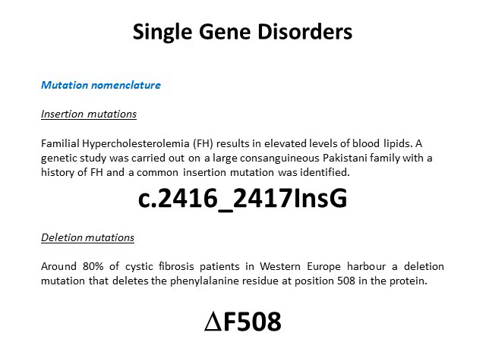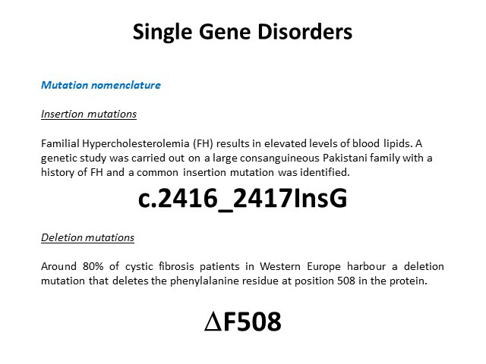There have been numerous studies done on this gene in regards to different mutations present within it. And there was a particular study carried out on a large number of consanguineous Pakistani families that had a history of this familial hypercholesterolemia.